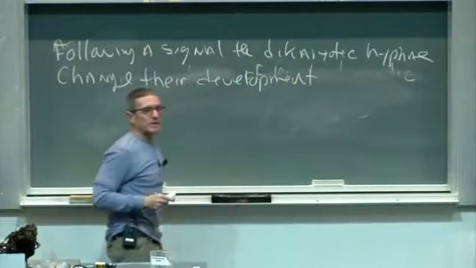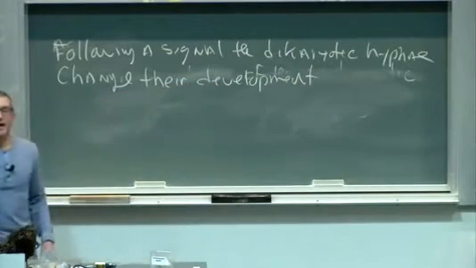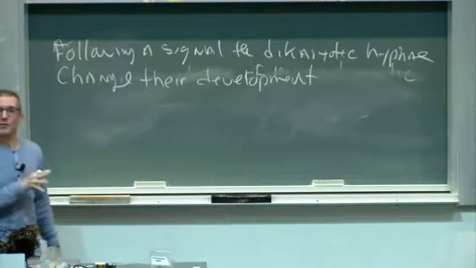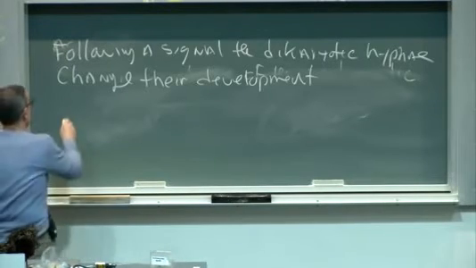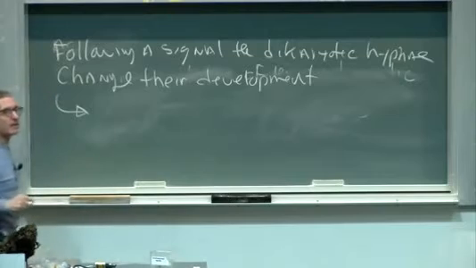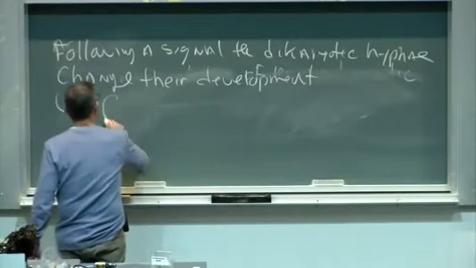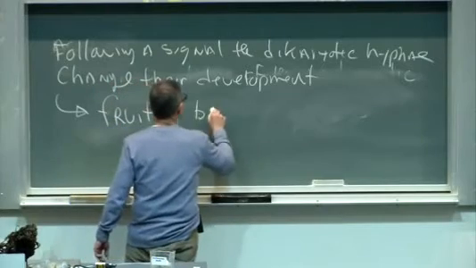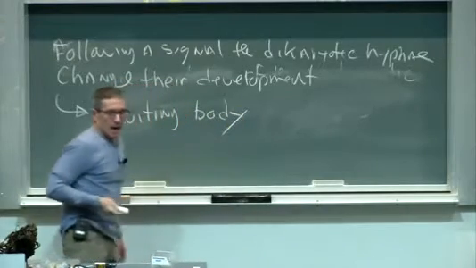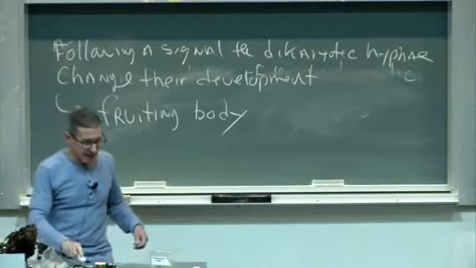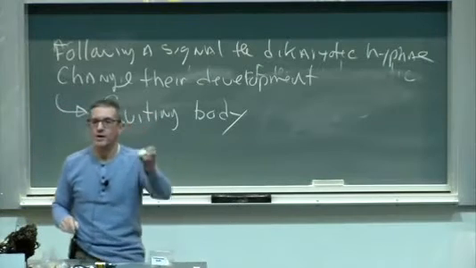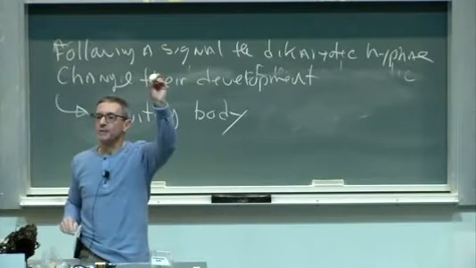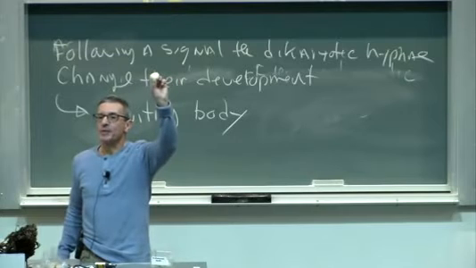And for the purposes of today's discussion, they make a structure which all of you are familiar with, I think. They make a structure which biologists call, it's kind of a funny name, a fruiting body. And all of you have seen these fruiting bodies. When you go to the store and you buy a mushroom, this is a fruiting body.